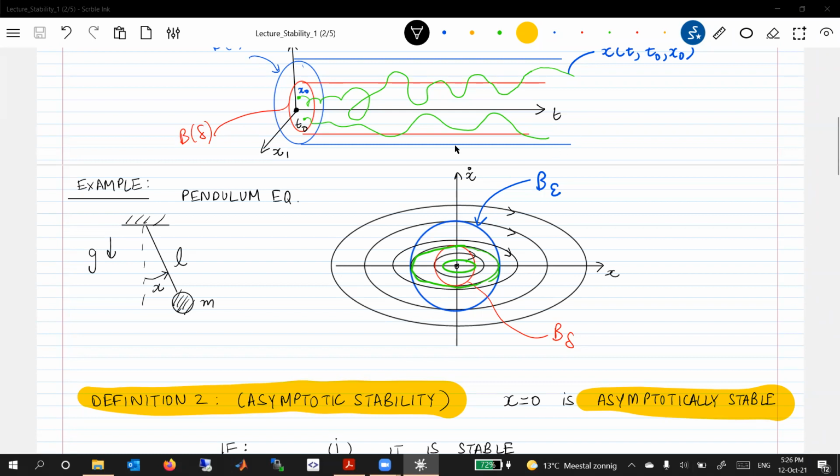The reason the question is saying that why can't we just use epsilon and say that that's the trajectory itself, precisely because in this case, for instance, we knew that trajectories are not circles but ellipses, and we saw that even though we started inside that ball, we would eventually go out of it. So there needs to be this distinction, right?